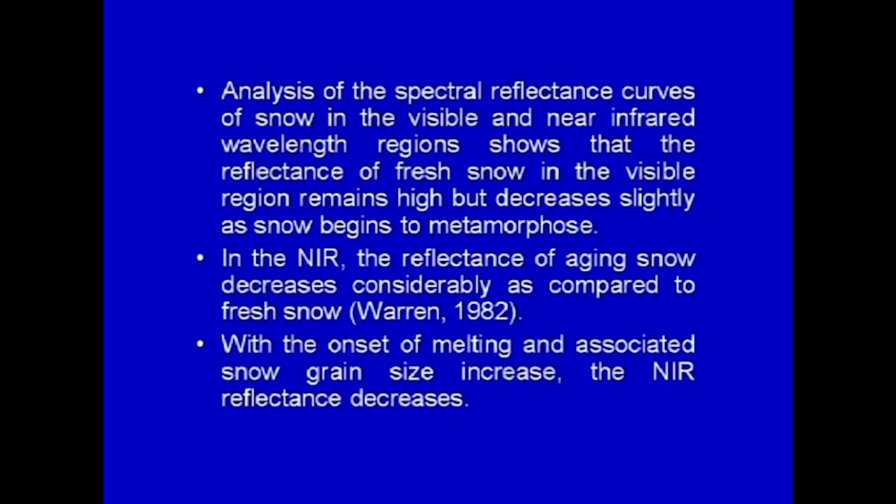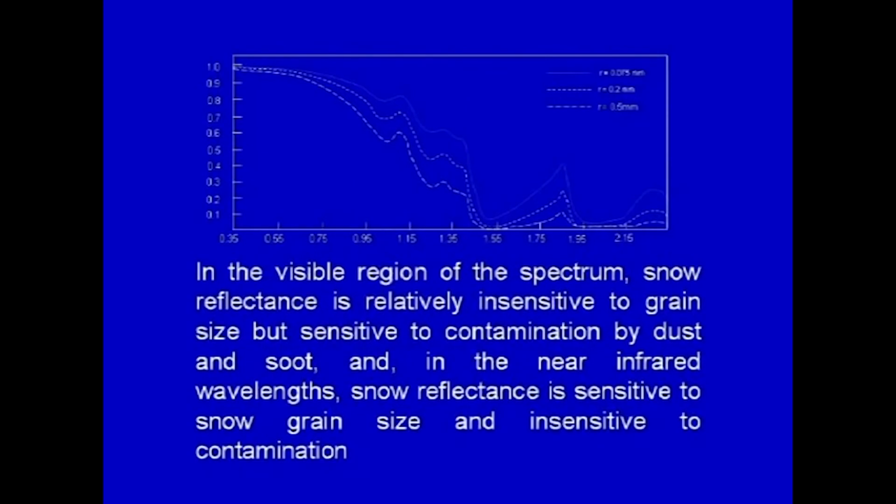With the onset of melting, the snow grain size increases and the NIR reflectance decreases. The same is seen in this particular graph, wherein we find that as the radius of the snowflakes increases from 0.05 millimeters to half a millimeter, the reflectance of the snow cover decreases significantly in comparison to fresh snow.